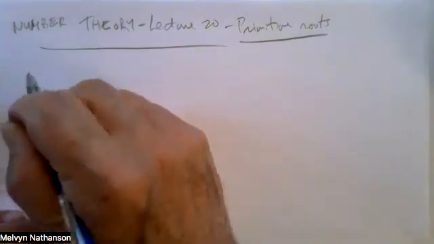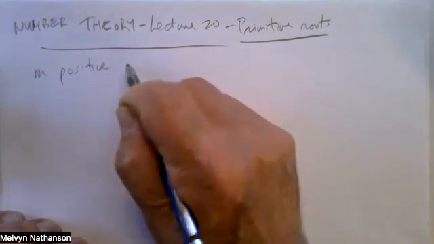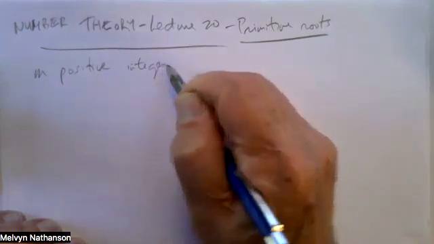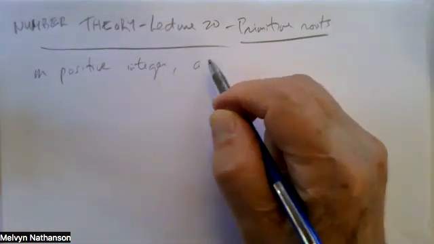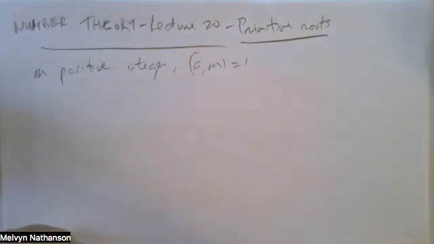So let's just recall, we have m, a positive integer, and a, an integer, which is relatively prime to m.